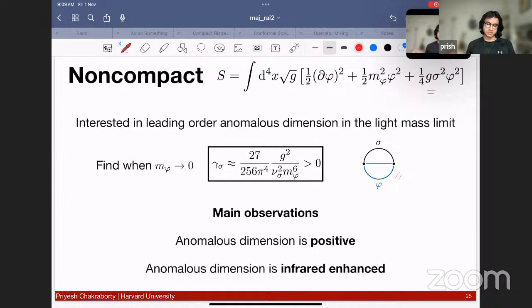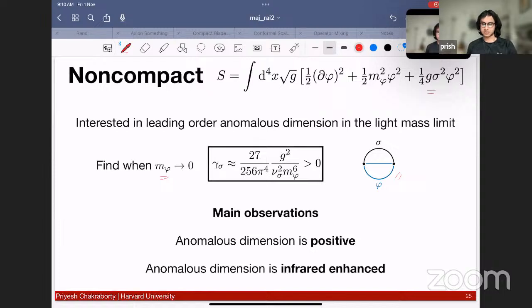And so we can go through the standard procedure and find that the leading contribution to the anomalous dimension, in the limit where m goes to 0, is given by this remarkably simple expression. So it's fortunate for us.